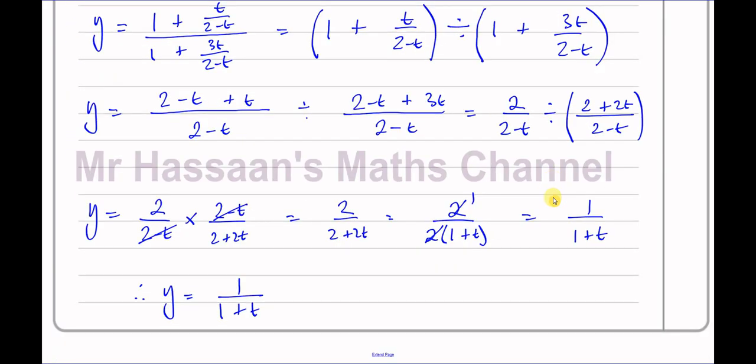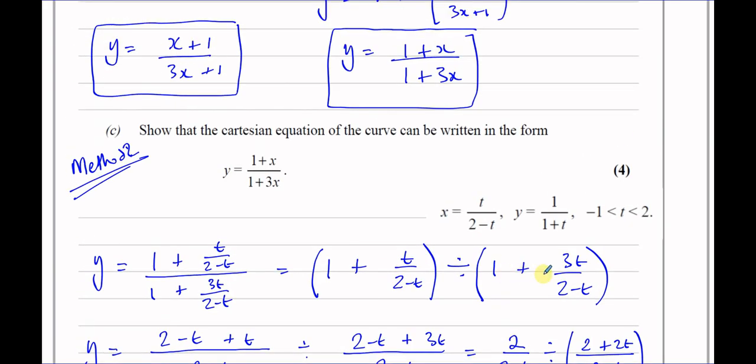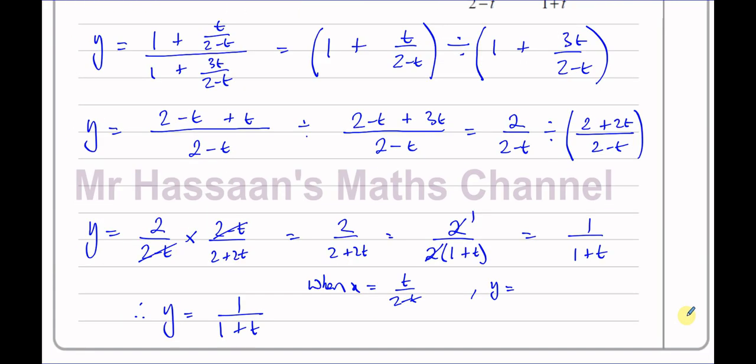So we can say that when x equals t over 2 minus t, then y equals 1 over 1 plus t, when we substitute x as t over 2 minus t.